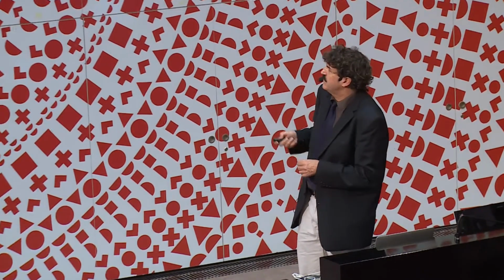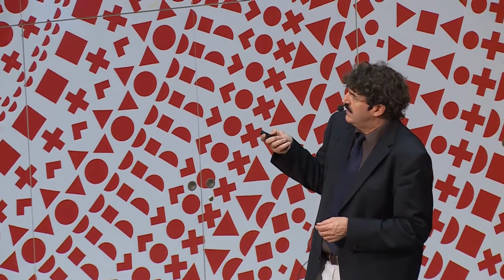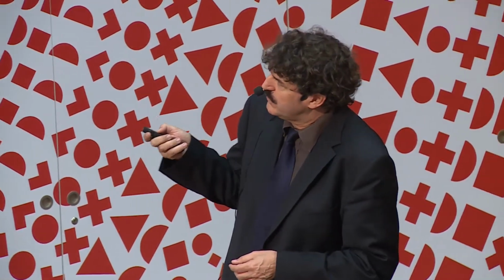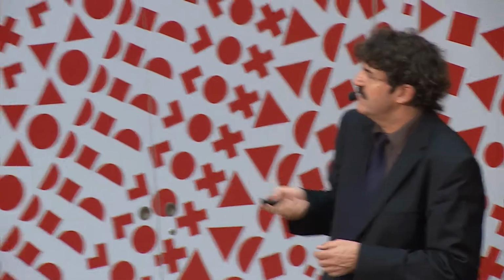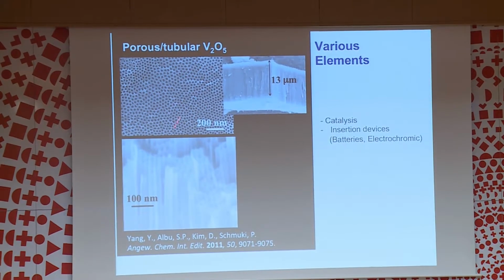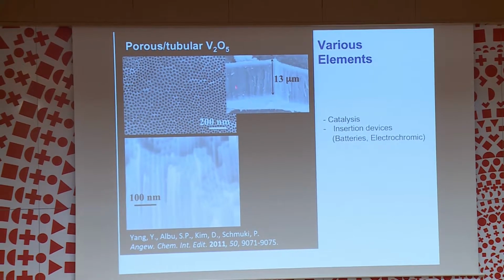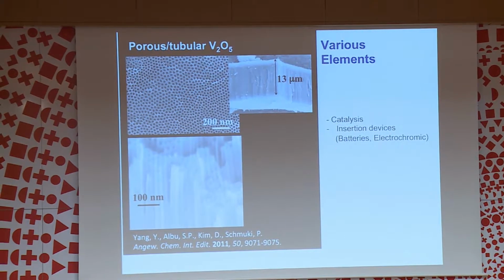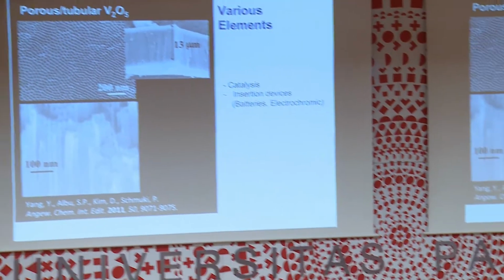This is another example, grown tubes on vanadium surfaces, vanadium pentoxide, self-organized porous layers, tubular layers. Such tubes may be very interesting in terms of catalysis. Vanadium oxide is a good catalyst for various organic reactions, but also as insertion devices such as batteries or electrochromic devices.